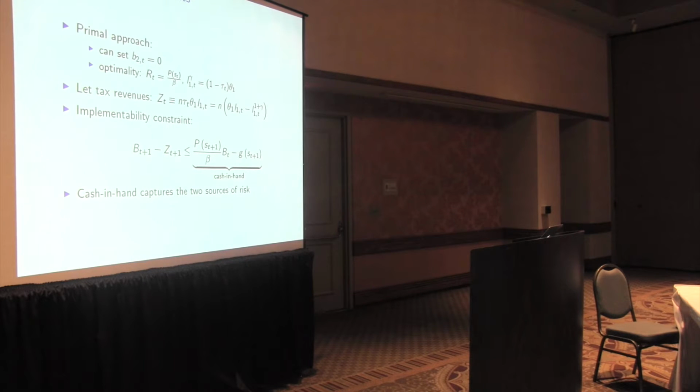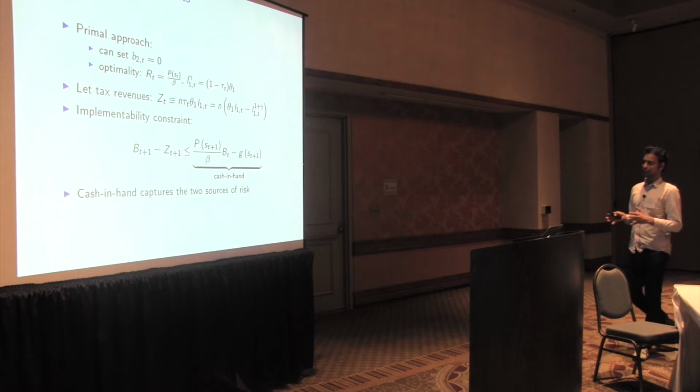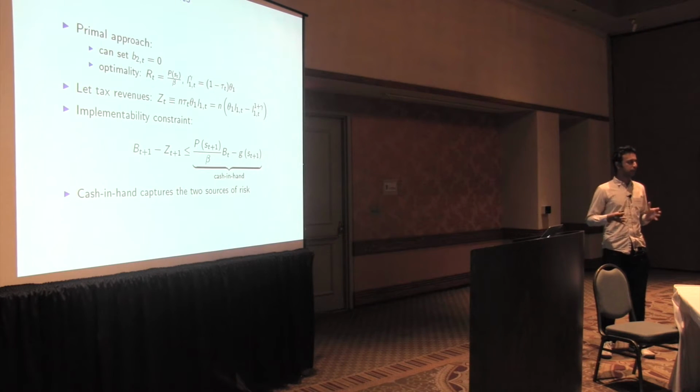Why is this a useful way to think about the problem? Because it puts into focus exactly the problem which is inherent in this environment. There are two sources of risk. First, let me introduce some terminology which I'm going to use in the next few slides.